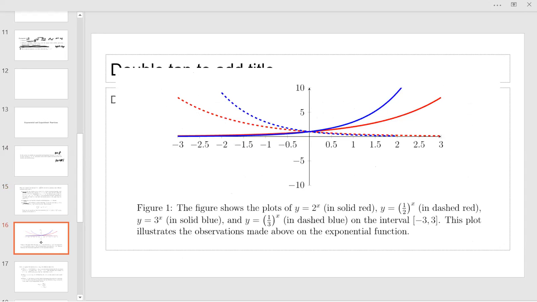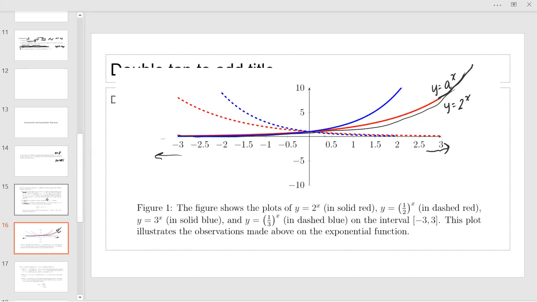So if you look at the graph of a to the x, where a is greater than 1, that would be this solid graph. So in this case, we have y is 2 to the x. So we see that as x goes in the negative infinity direction, it goes very close to 0, but does not quite reach 0. So there's an asymptote at y is equal to 0. And then as x grows very large, this function grows and goes off to infinity.